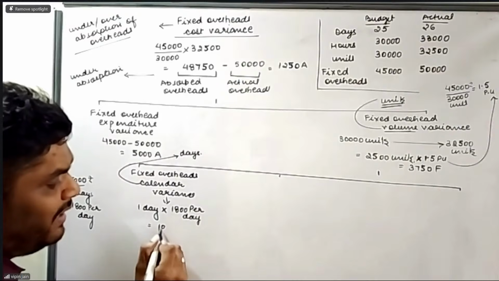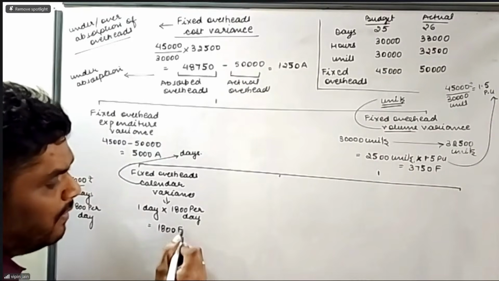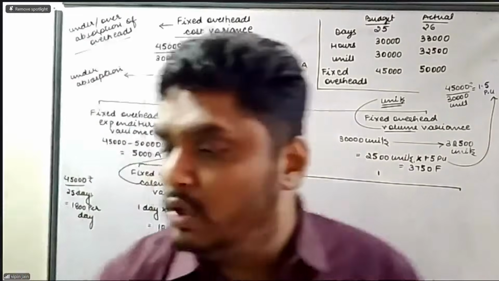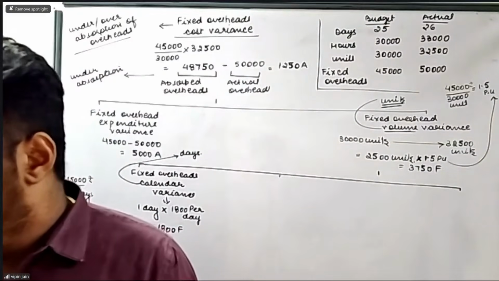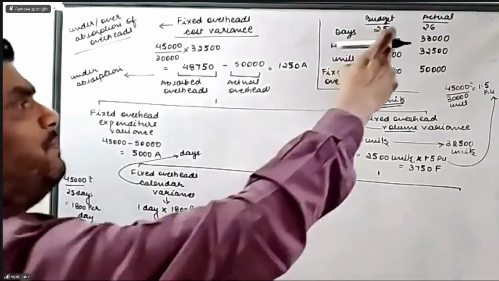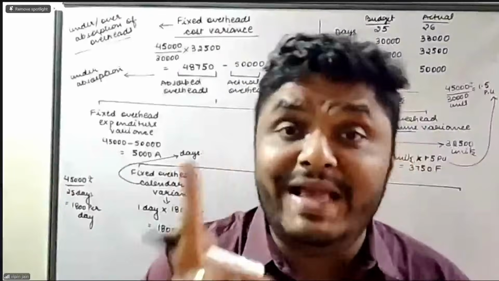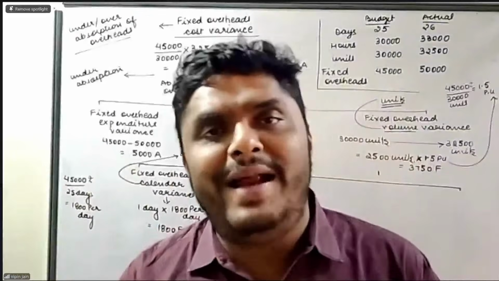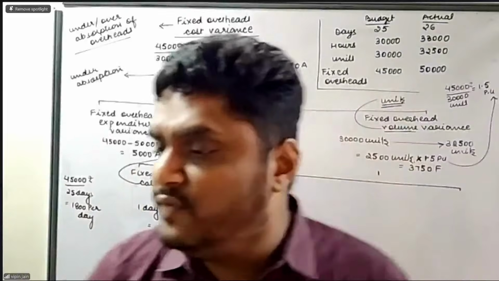So this 1,800 variance will be favorable or adverse, Lohit? Favorable. Perfect. Anyone with any doubts or queries about why it is favorable? Mahek, very simple. We were supposed to work for 25 days, but we worked for 26 days. 1 day extra we worked. So it's a good sign or a bad sign? Since we worked an extra day, it's a good sign for the company.